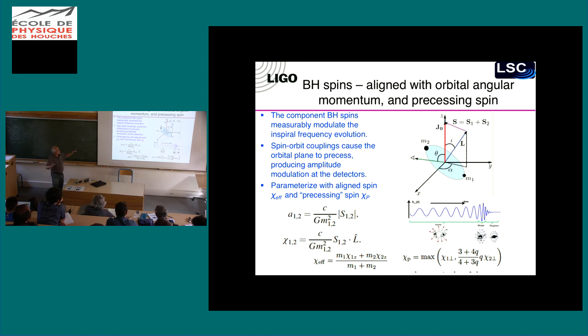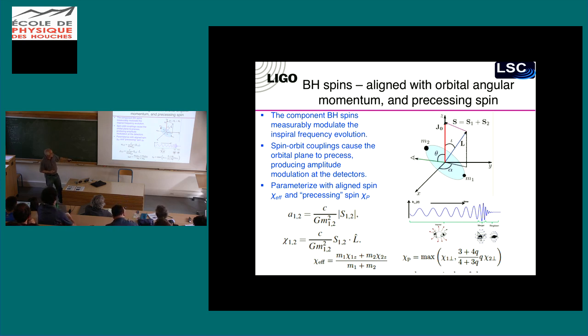It's not something that is happening at the source. It's what's happening at the detector. And this happens only if the spin angular momentum is not aligned with the orbital angular momentum.